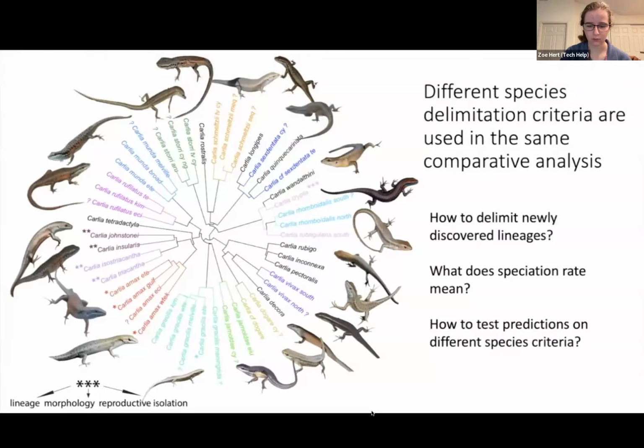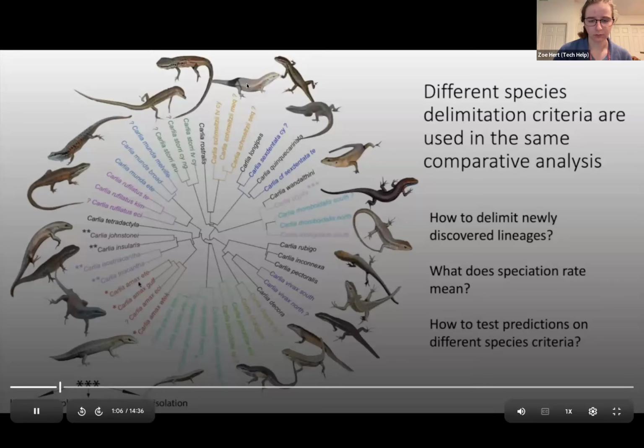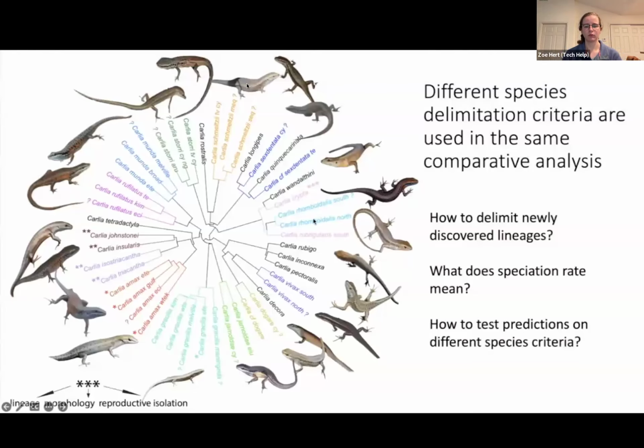Now, as the technology of genome sequencing advances, people are more often using genetic evidence to describe species. For example, this pair, and the purple pair, have been recently elevated to new species. I'll use stars to represent the kind of evidence that people have used to elevate those lineages to species.